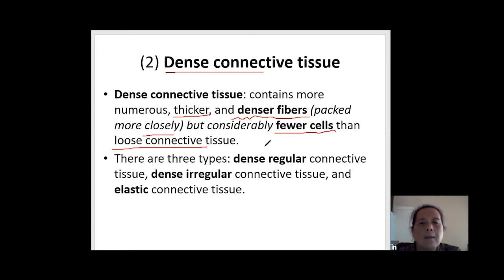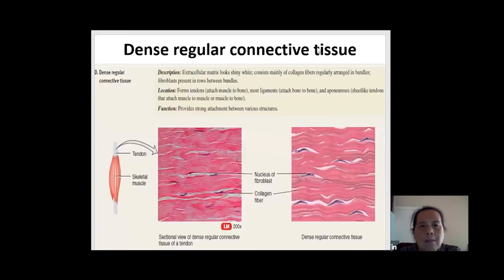So mainly it is dense fiber. The dense fibers may have different shapes. Sometimes the shape is regular, sometimes irregular, and we also have some elastic connective tissue.